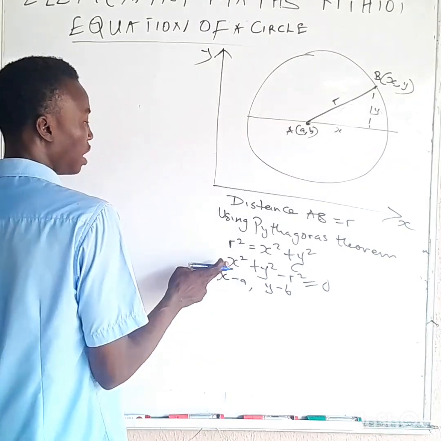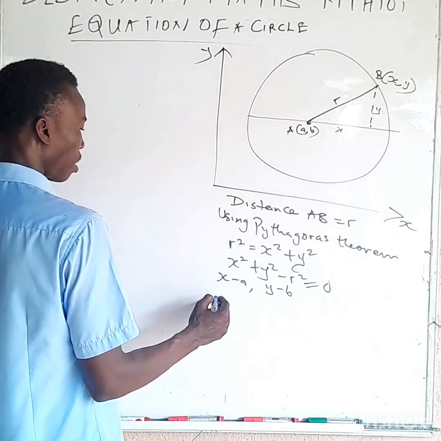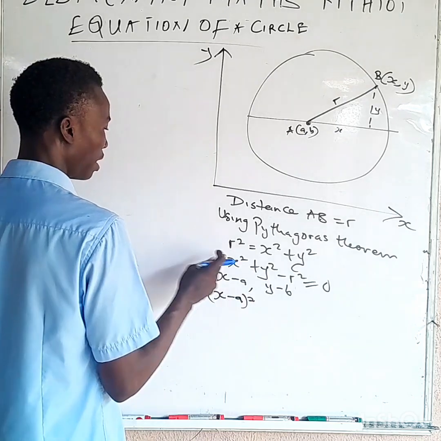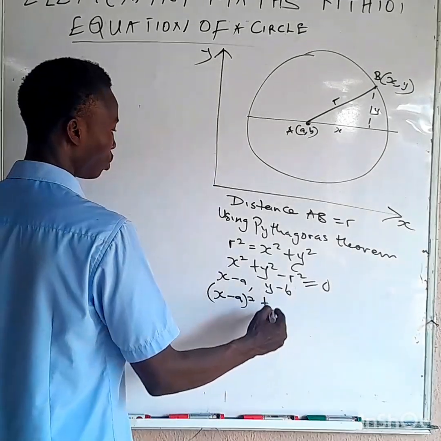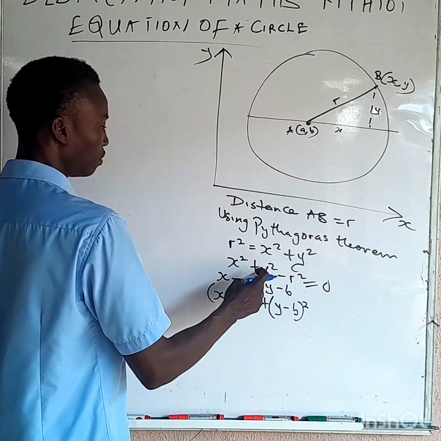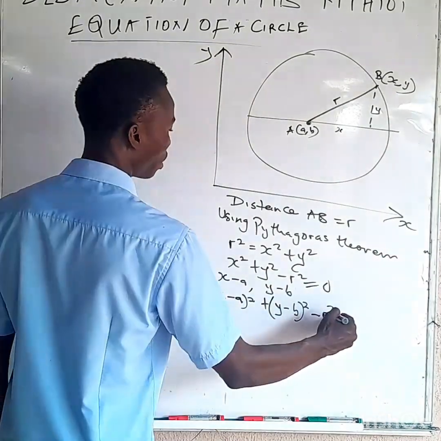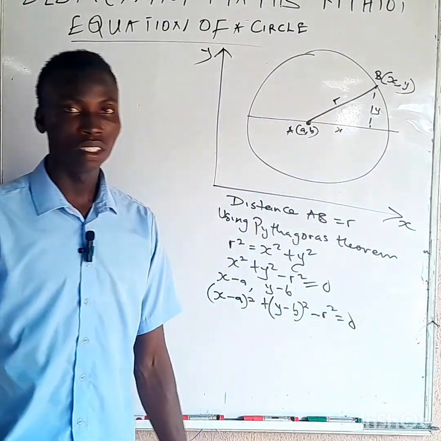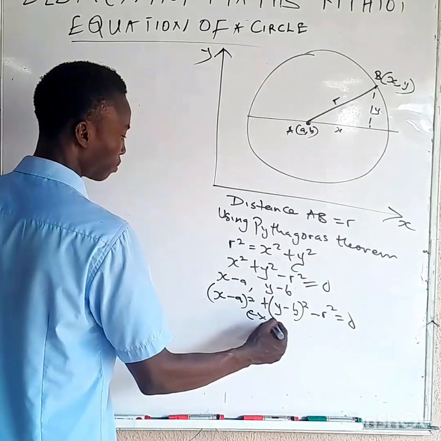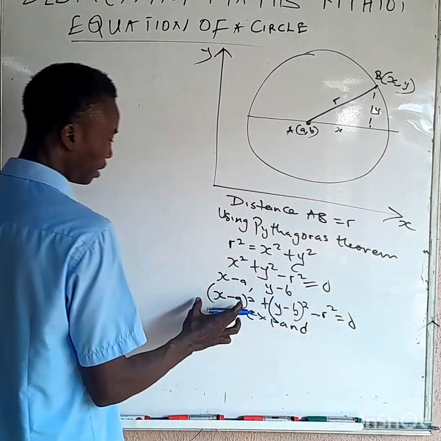So this equation, we are going to expand it. So what are you going to have? You are going to have (x minus a) squared standing for this, plus (y minus b) squared standing for this, minus r squared equals 0 in that place. Now, you will expand this expression here.